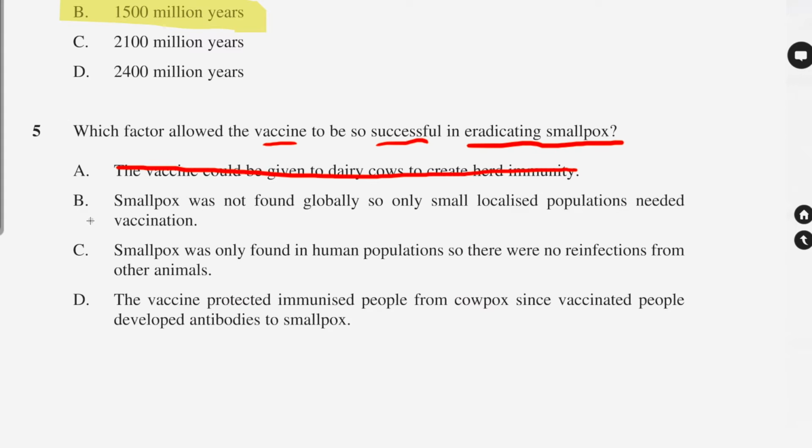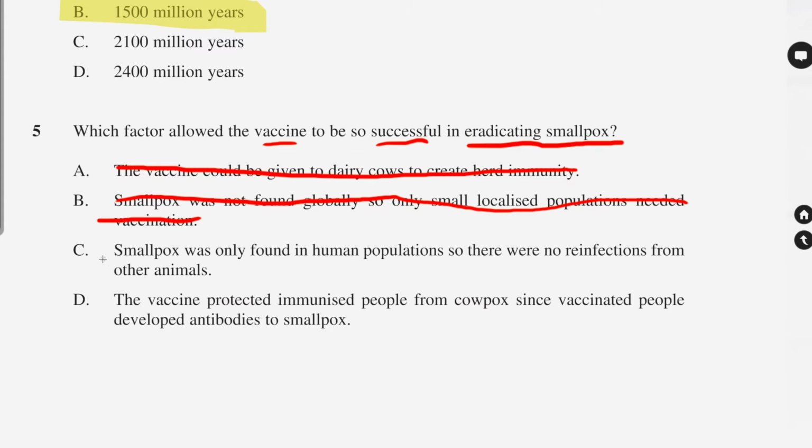Let's have a look at B. Smallpox was not found globally, so only small localized populations needed the vaccine or needed vaccination. It was found globally, so that first part here is false, and it was across the planet. The vaccine was given in every country in the world so that it would be completely and utterly eradicated.